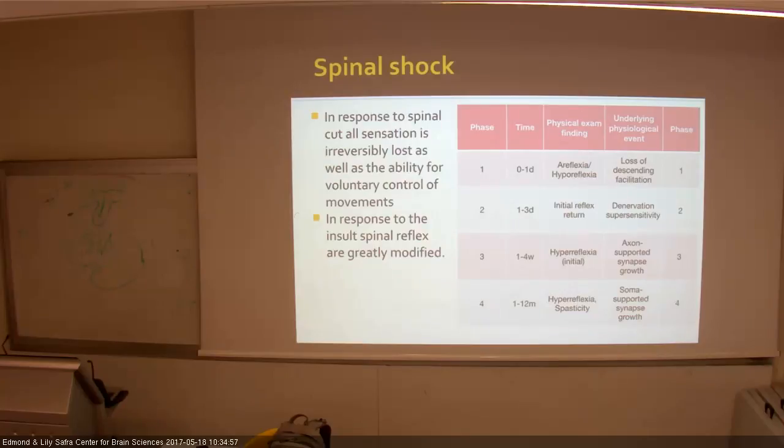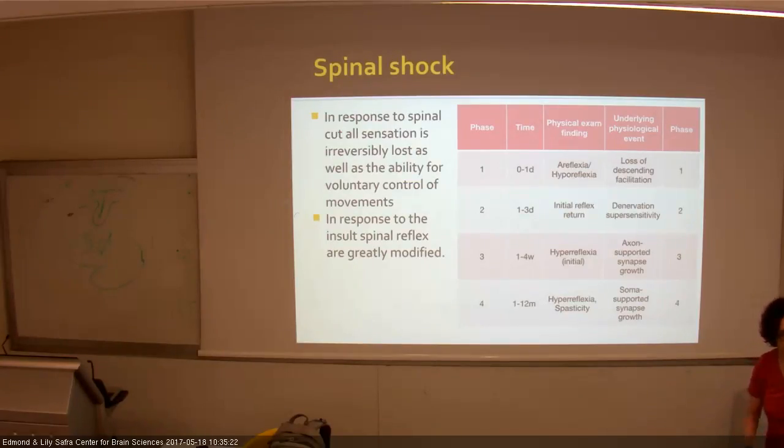A common injury, because they have a helmet, which protects the brain, but below the helmet level you can get spinal cord injury, which is a complete interruption of the entire connection between the supraspinal centers and the spinal cord.